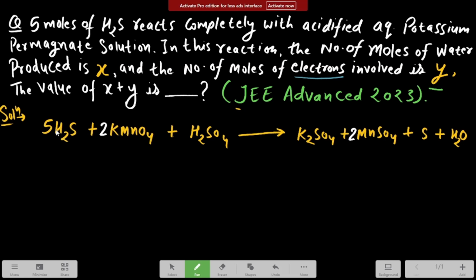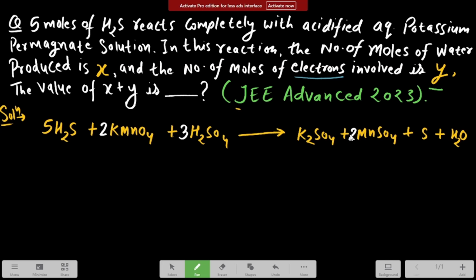So here is 5 sulfur in H₂S, and 1 sulfur is here, so total 6 sulfur on reactant side, and on product side we got 2, 3 and 4 sulfur. So 5 is here and 4 is here. We need to balance both of them. So if I make 8 sulfur on reactant side by multiplying H₂SO4 by 3, we got 5 sulfur here and 3 sulfur here.